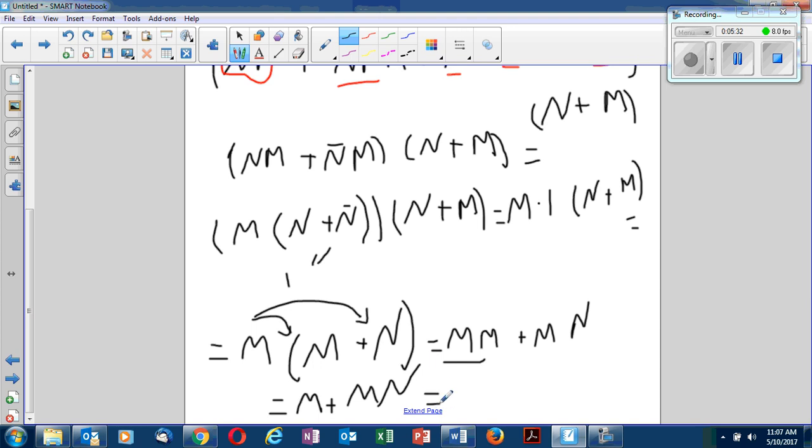And this can be simplified further. I can take m outside of the parentheses now, and I will have m times (1 plus n). And 1 plus n is always 1. So the final expression is just m.